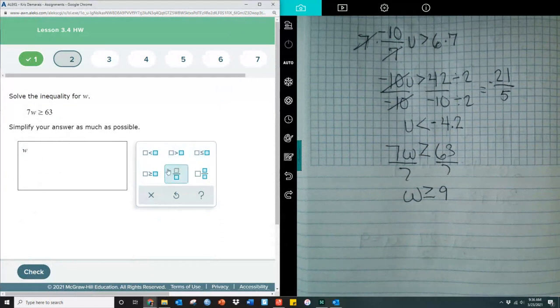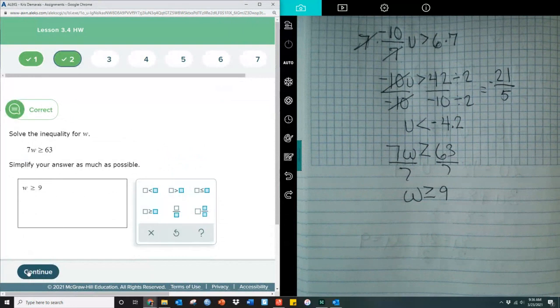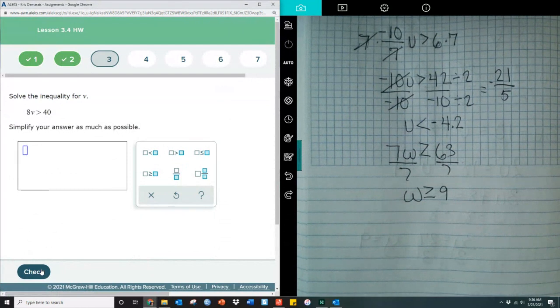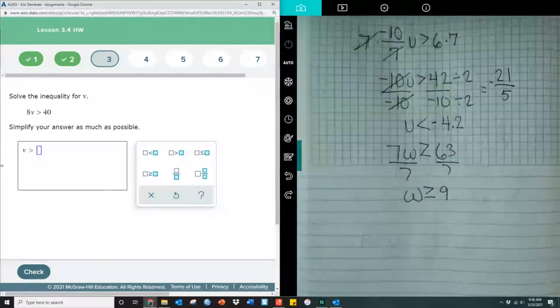You want to keep the inequality if you're dividing or multiplying by a positive value. Don't switch the inequality then. These are just examples you're given. Here, you divide both sides by 8, so the inequality stays the same, and we have v equaling 5.